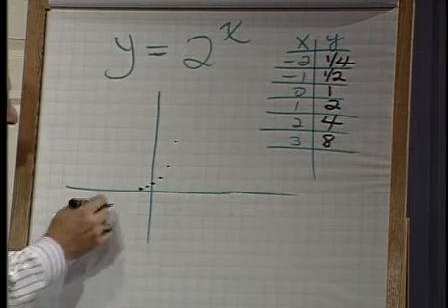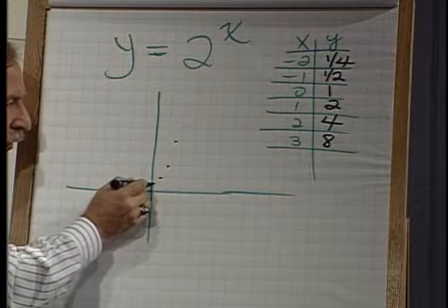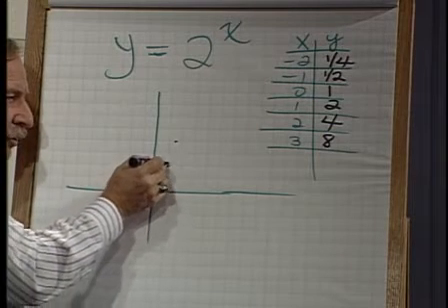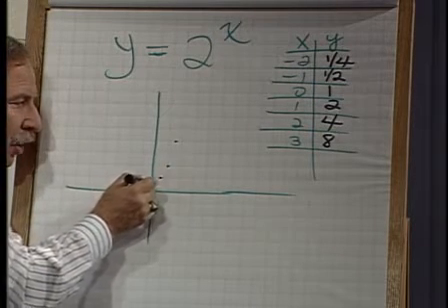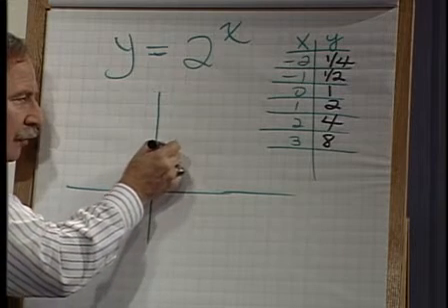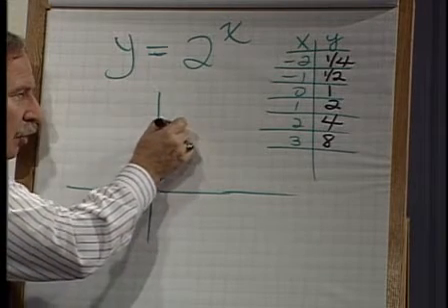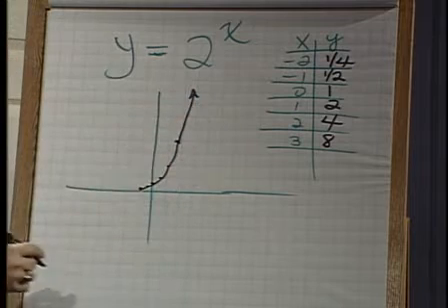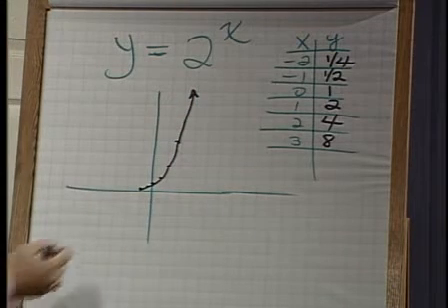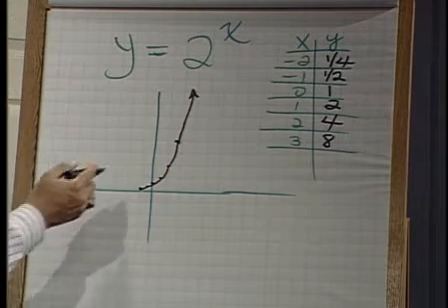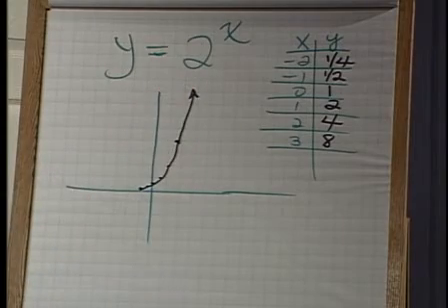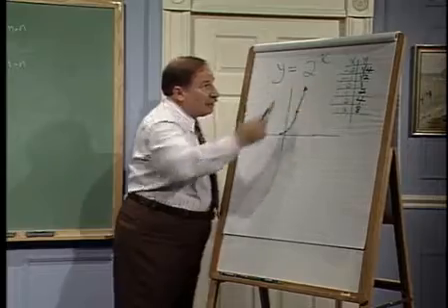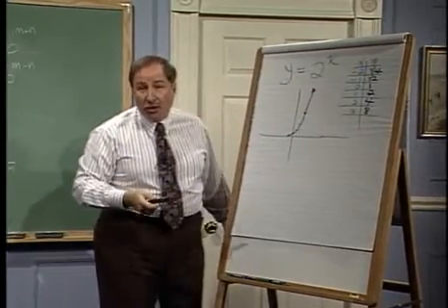Now notice what happens. As the points move to the right, they go up faster and faster, and that's exactly what happens with an exponential function. It grows up faster and faster, rising exponentially. What happens back here? Well, can we raise 2 to a power and get 0? No. Let's put in a very, very negative number, 2 to the negative 1,000th power.